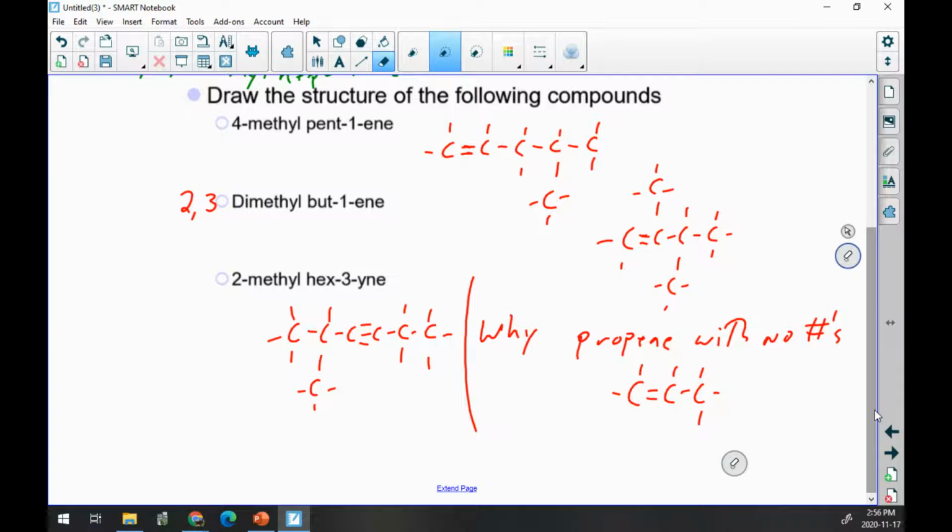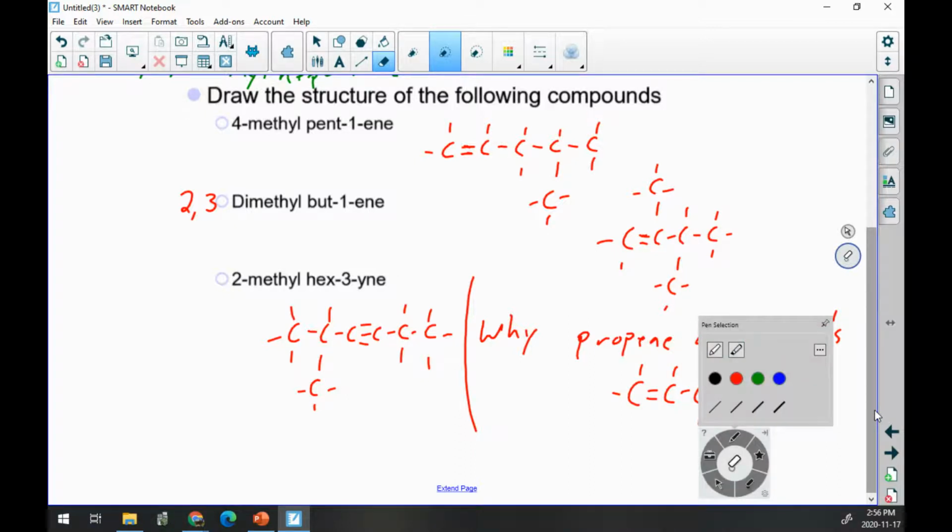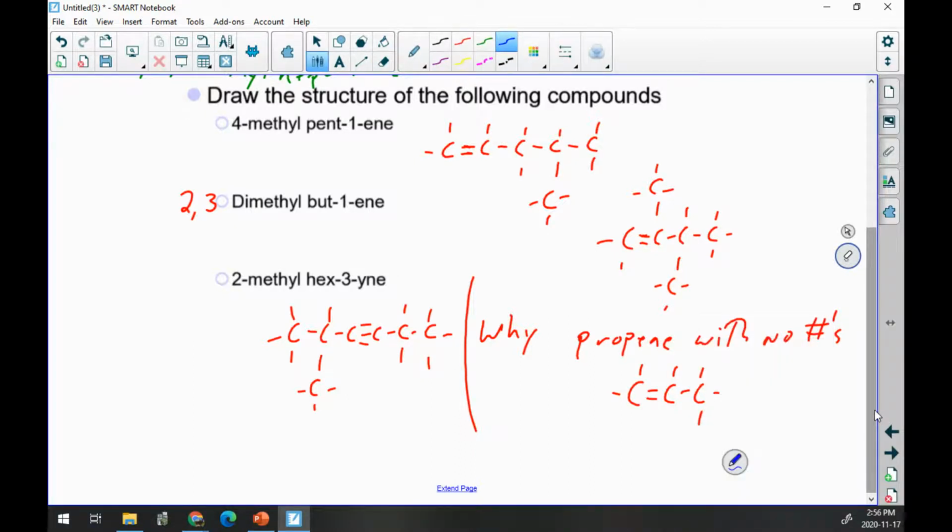If I write it the other way, the purple one is still prop-1-ene, not prop-2-ene, because I just number that going that direction. So it's still prop-1-ene, so there's no option in that case.